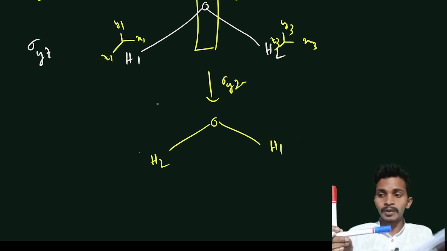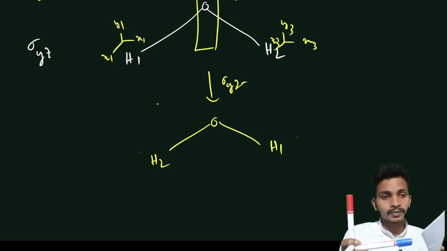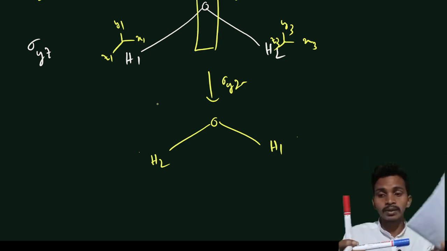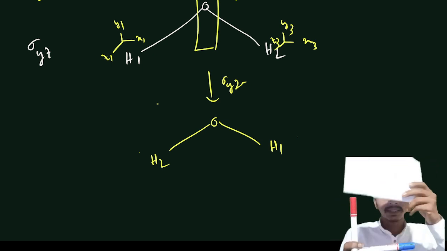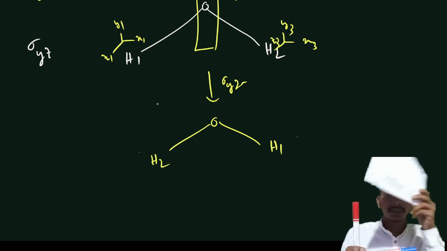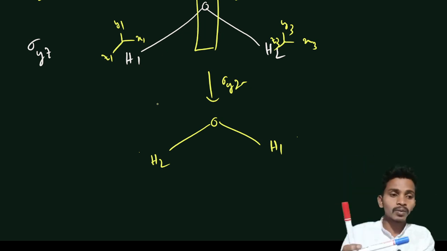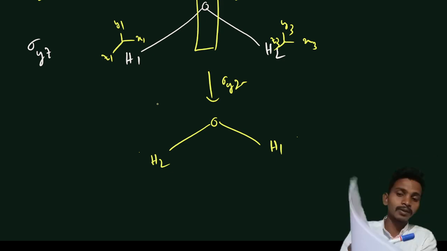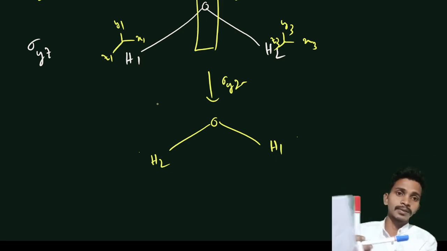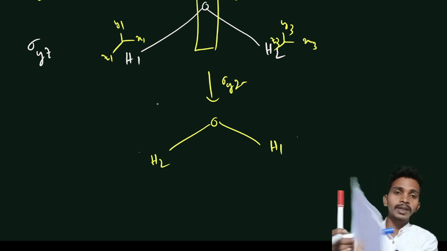Now if I pass the plane along y and z, this is z and this is y. If I pass the plane along these directions, it means cutting this red and black one, and then this blue one gets reflected.